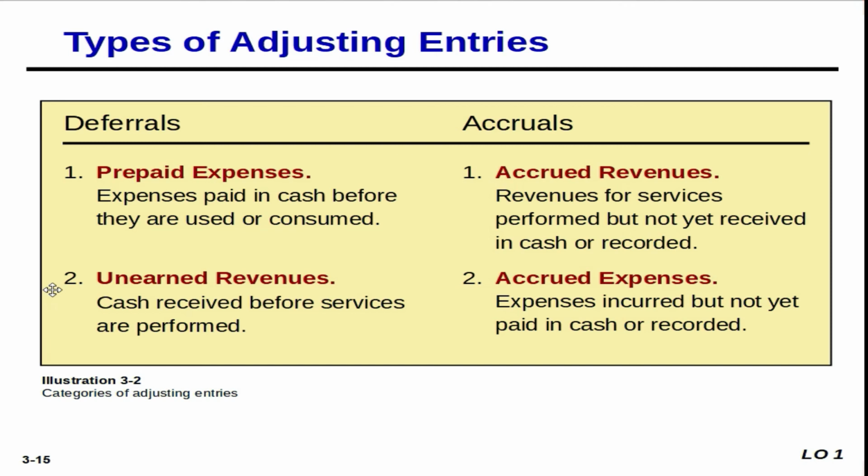Accruals. For accruals, adjusted entries, again, it works in revenues and expenses. Accruals are advancement. So, in terms of revenues, we are advancing the provision of the service or the performance obligation. So, we have completed our end of the deal, but somebody has not paid us yet.